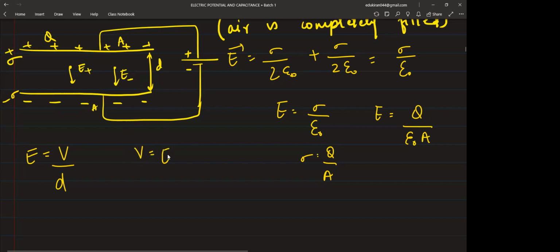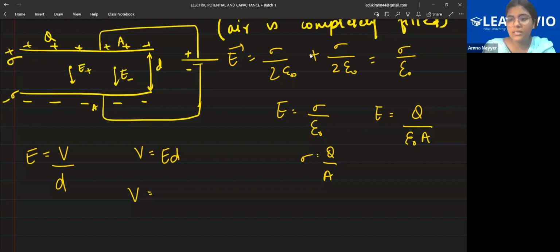Potential will be E into D. Now let's put the value of E here. E here is given as Q by epsilon naught A, so this becomes Q by epsilon naught A, and this is the D present.